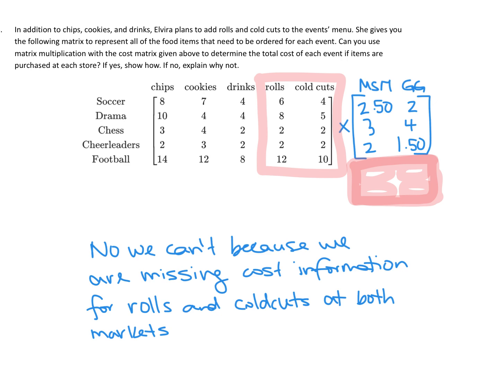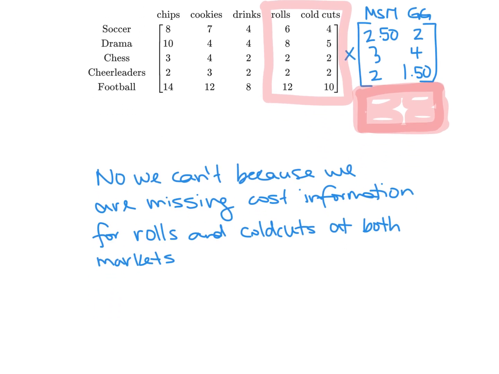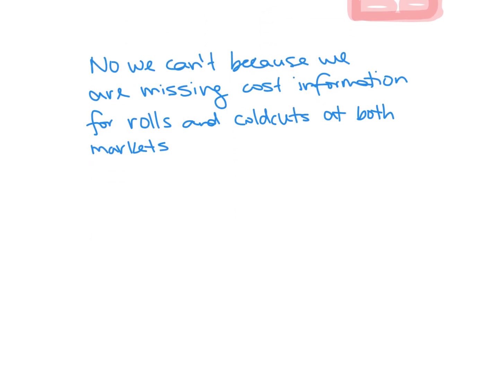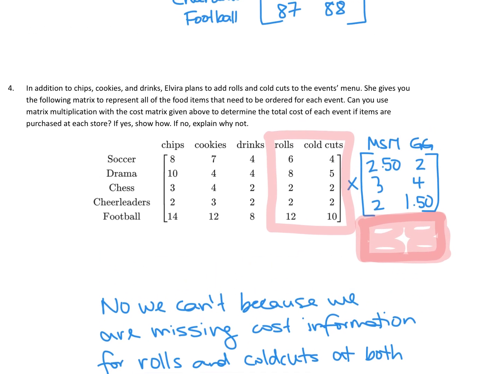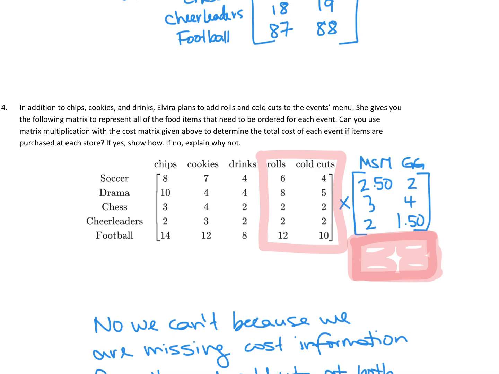and do our takeaways. Our first takeaway has to do with noticing that matrices can be multiplied together if their dimensions are compatible. Okay, so let's talk about what that means. So over here in number 4, the dimensions were not compatible.